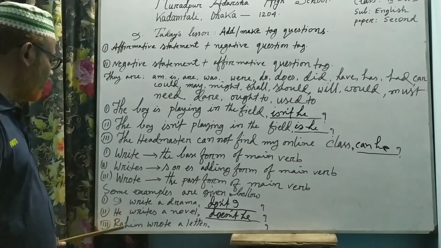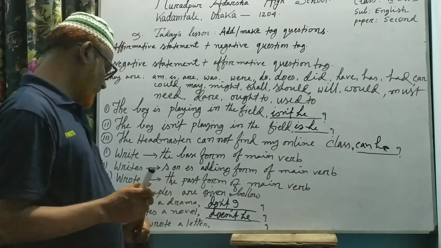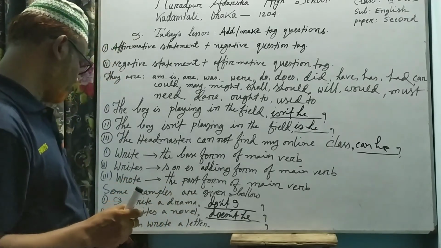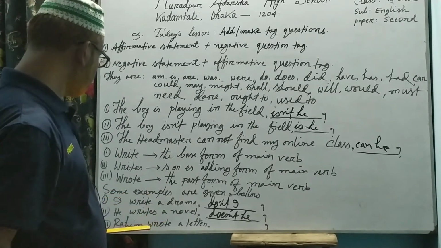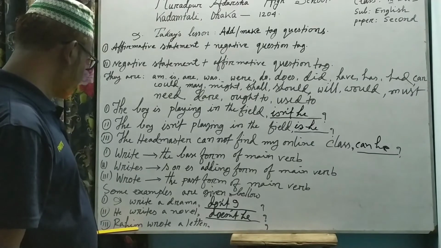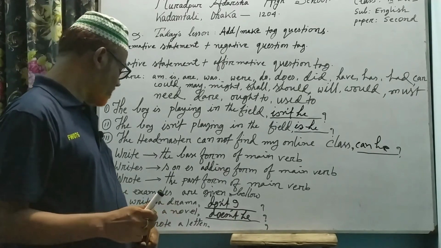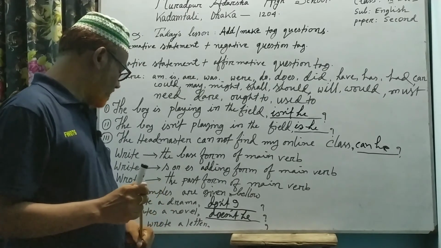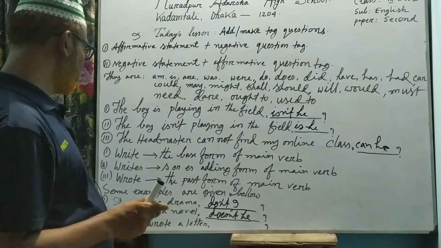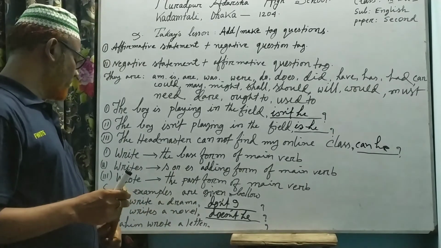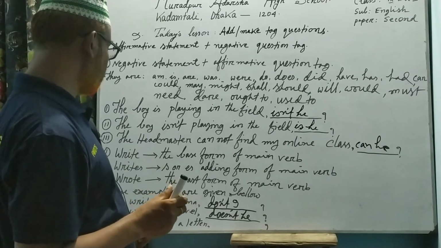Question number 3, Rohim wrote a letter. In this statement, the subject of the statement is Rohim, and main verb here is seen past form.